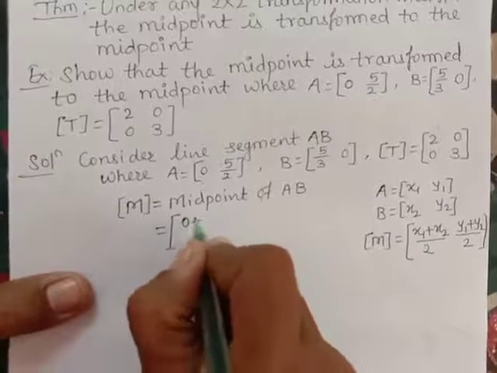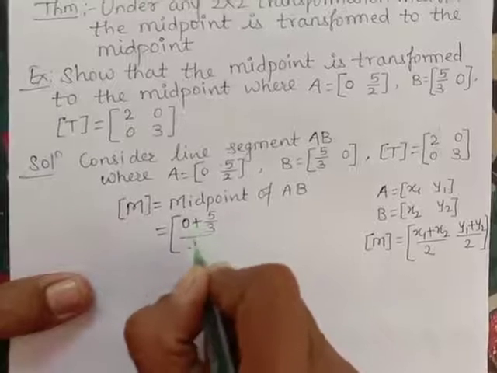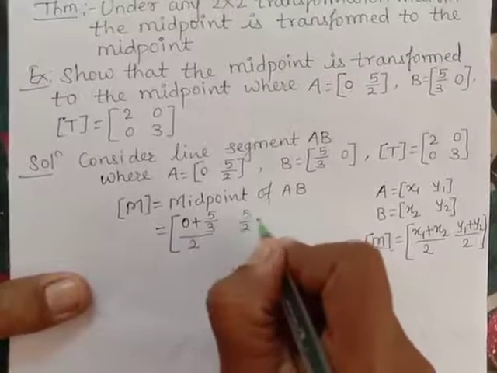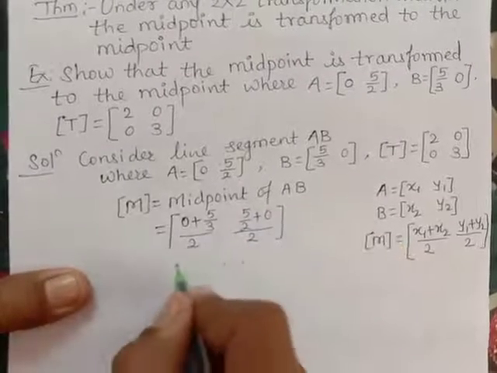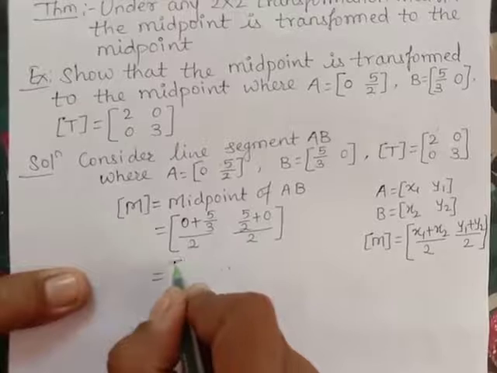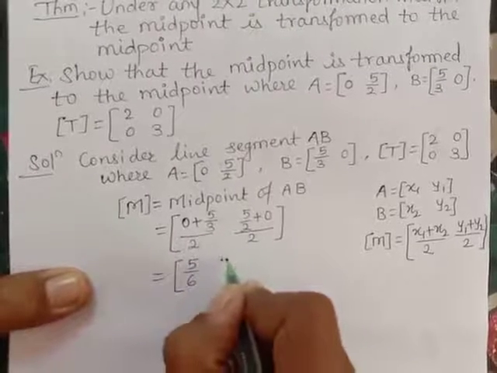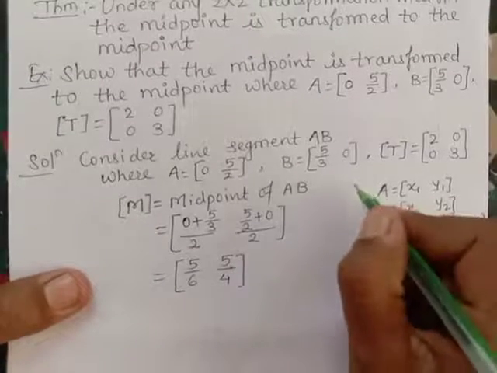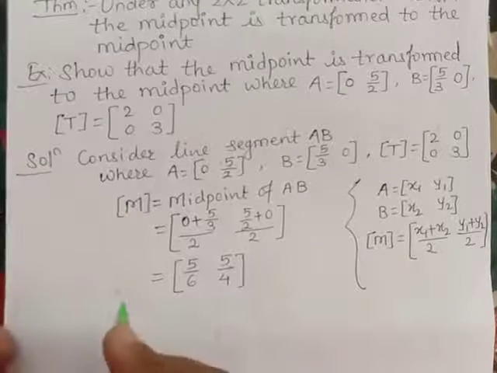So 0 plus 5/3 upon 2 and 5/2 plus 0 upon 2. That is 5/6 and 5/4. This is the midpoint here. This is for your understanding simply.